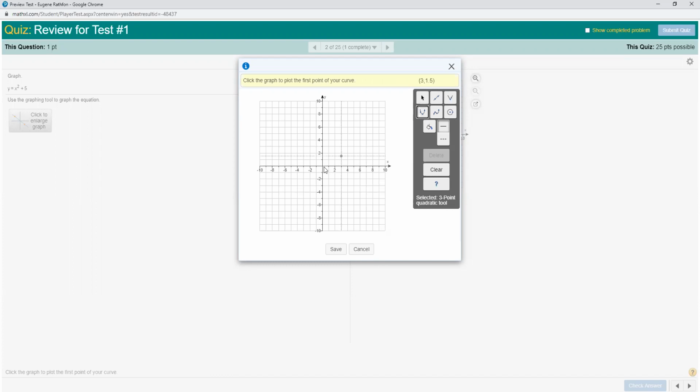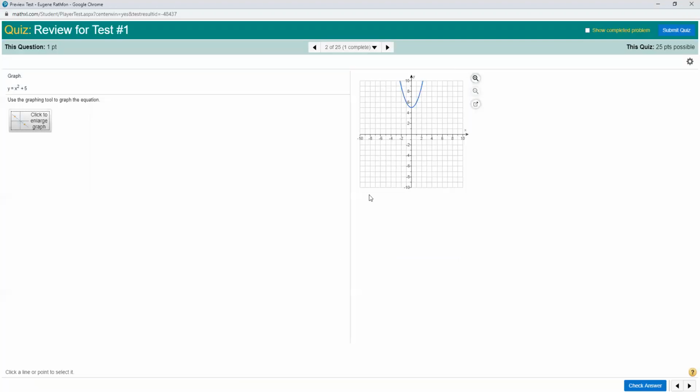So I'm going to come over here to 0 and go up to 5. Then I'm going to do the two sides. I'm going to do -1, 6. So -1 up 6. And then I had a +1, 6. Once you put that third point on there, it's going to make that parabola and draw it for you. So then we would save that one and move on to the next.